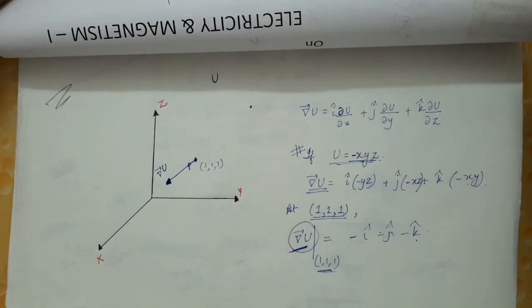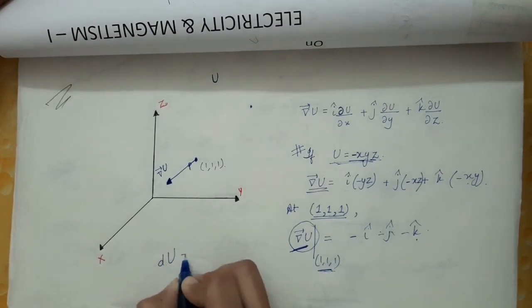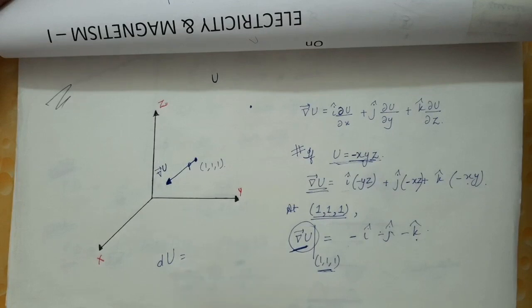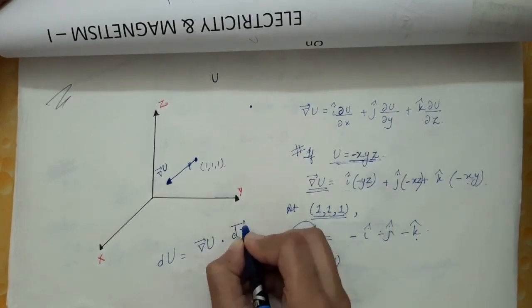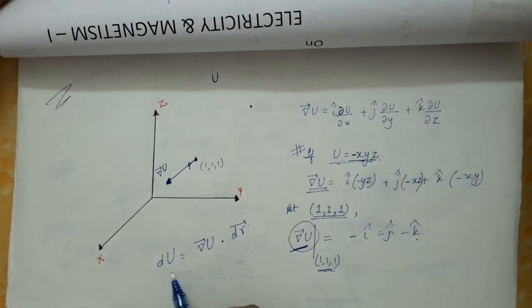Now what we have written: du, the total change in the scalar function, is equal to gradient of u dot product with the dr vector. This is the last expression that we had written: the total change in the scalar function is equal to the gradient of u dot product with the displacement vector.